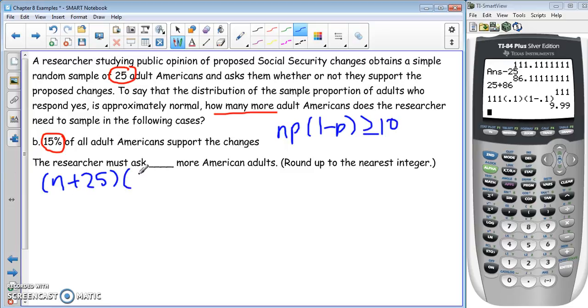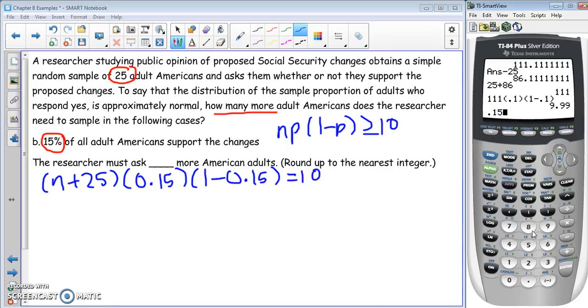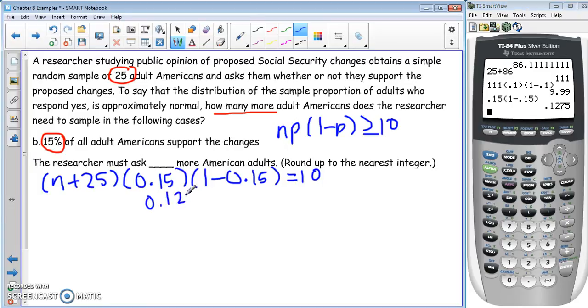And then our p in this case is 0.15, and 1 minus 0.15, and let's set that equal to 10. So 0.15 times (1 minus 0.15), we multiply these in the calculator, we get 0.1275.